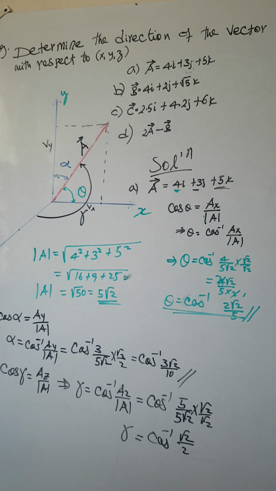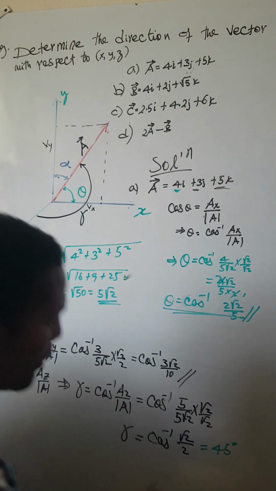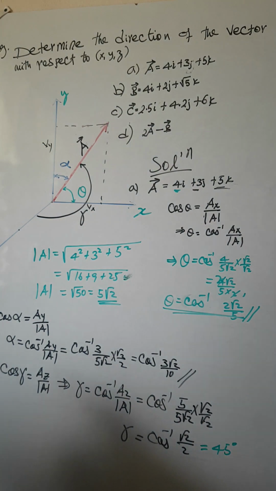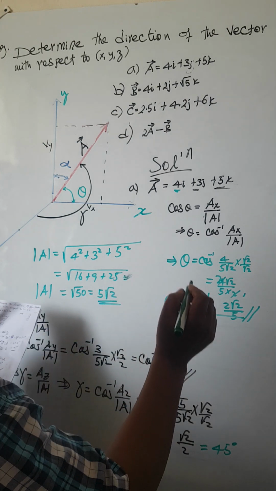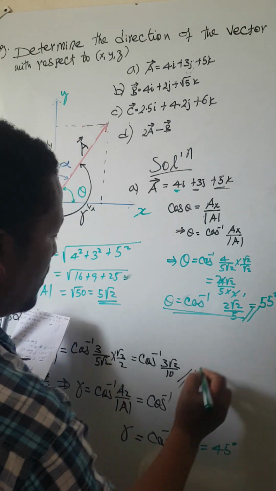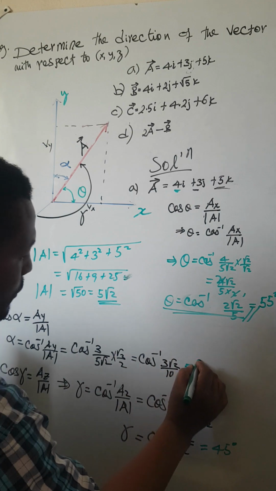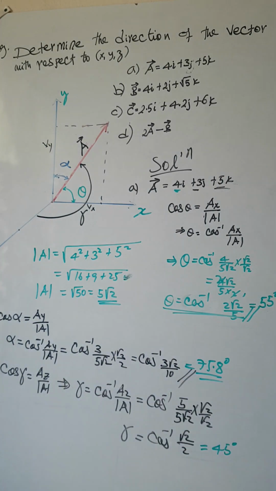So from our calculator, this is 45 degrees. This is alpha, which is 55 degrees, and this is 75.8 degrees.